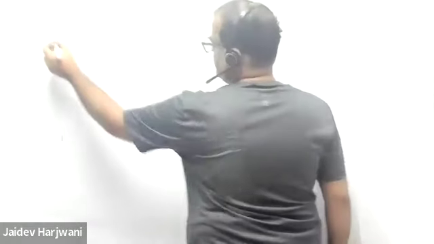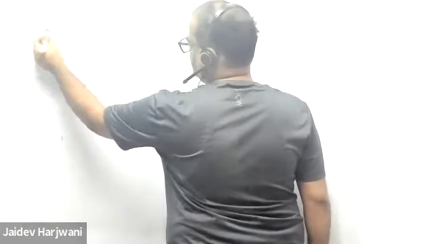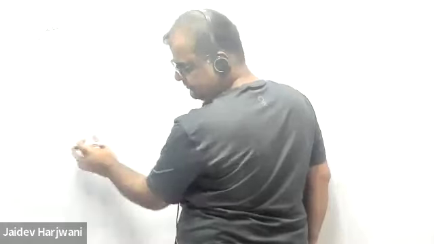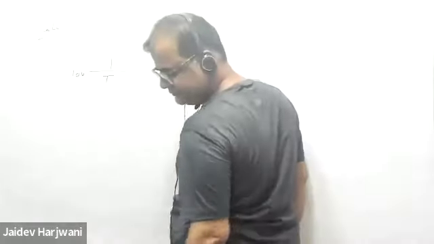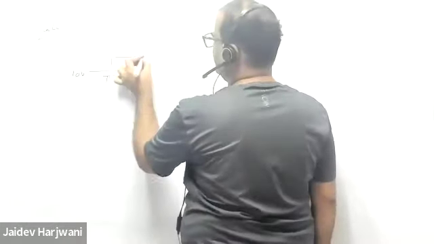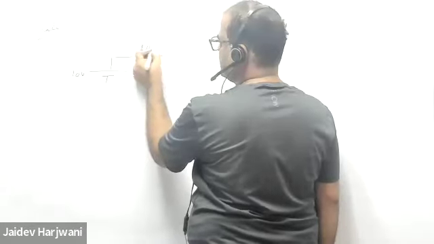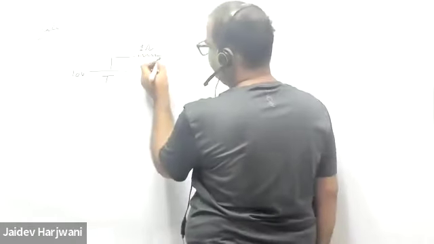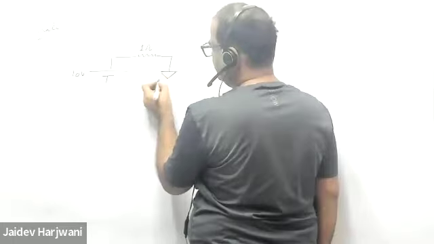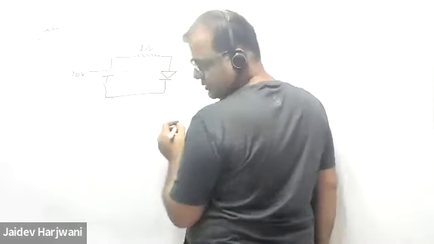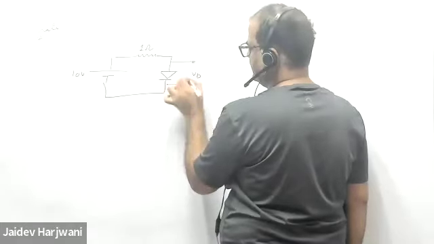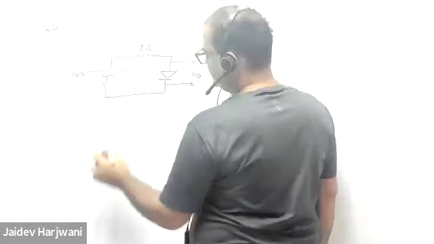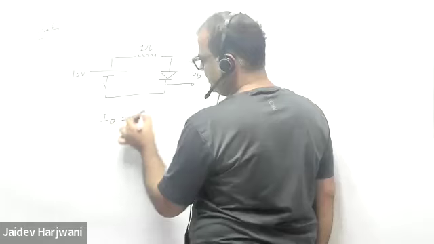So you have 10 volt, here you have a 1 ohm, here you have a diode. The voltage across the diode is VD, and the question says ID is flowing in the circuit.